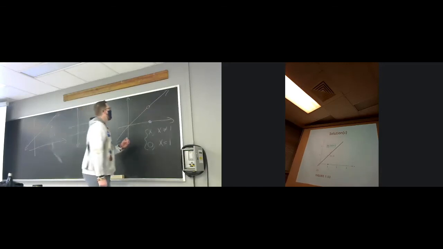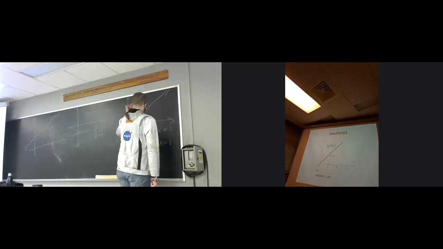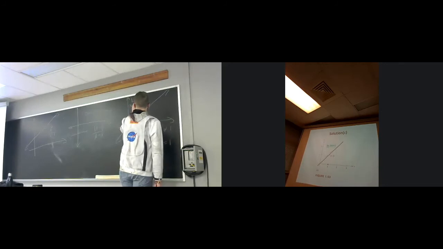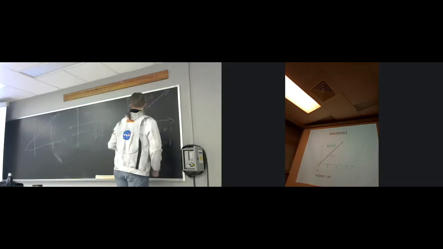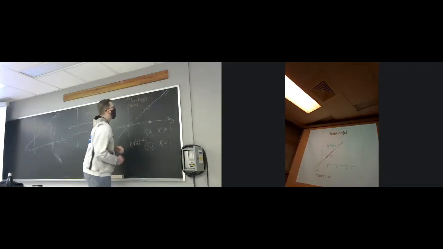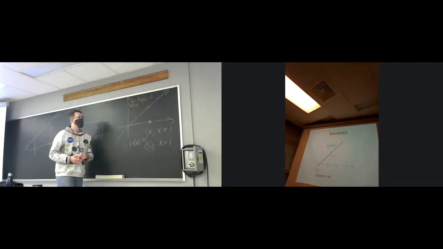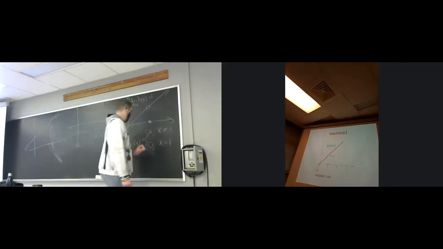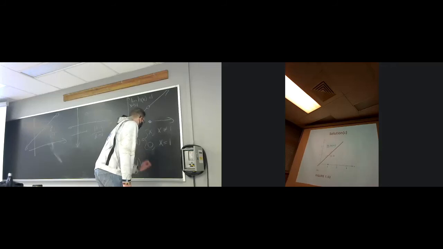So the question that was asked here was, we call that h of x. This limit came out to be 1, but h of 1 came out to be 0.